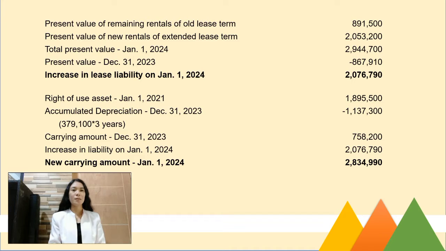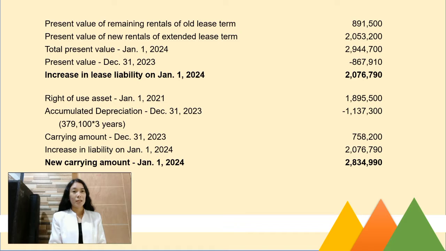2,076,790. So, for us to get the carrying amount as of January 1, 2024, we will deduct the accumulated depreciation amounting to 1,137,300 sa right of use asset or the ROU asset amounting to 1,895,500. So, yung carrying amount as of December 31, 2023 is 758,200.